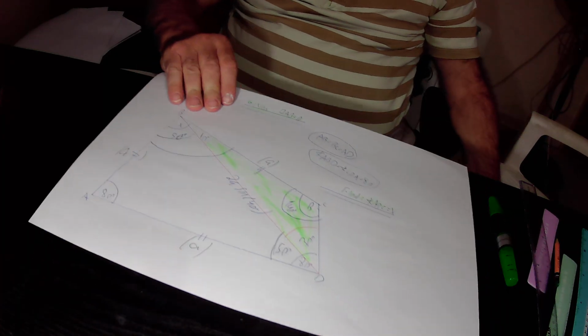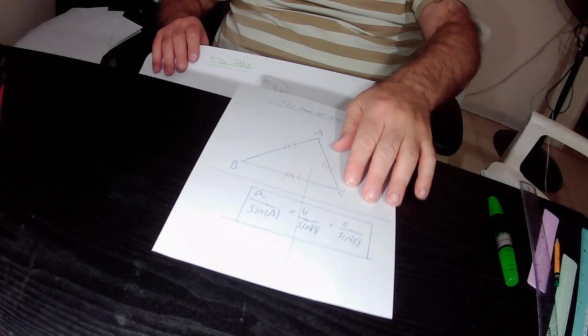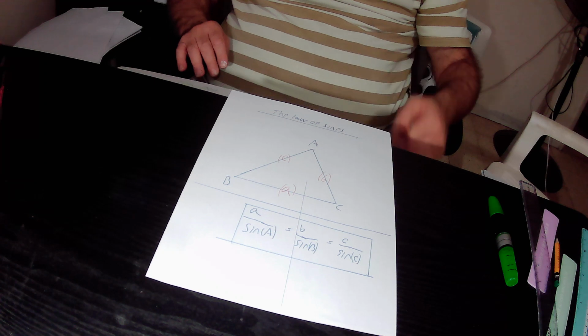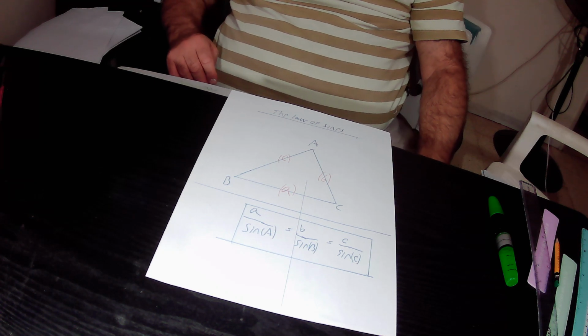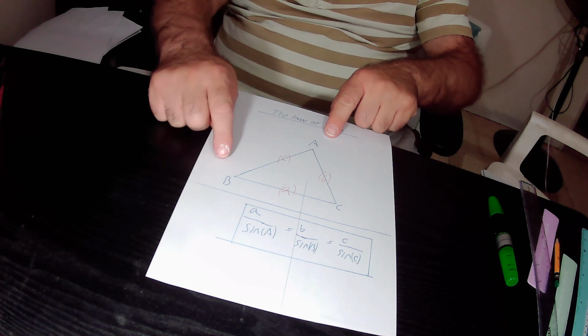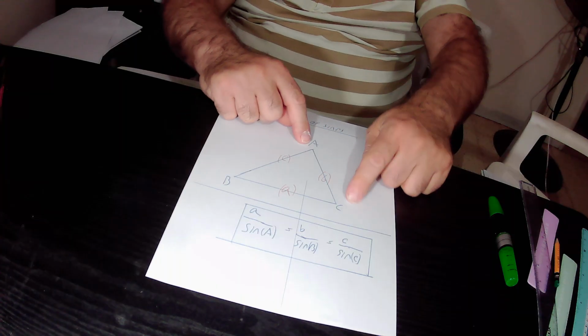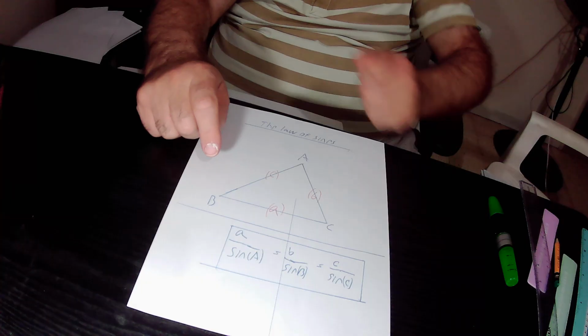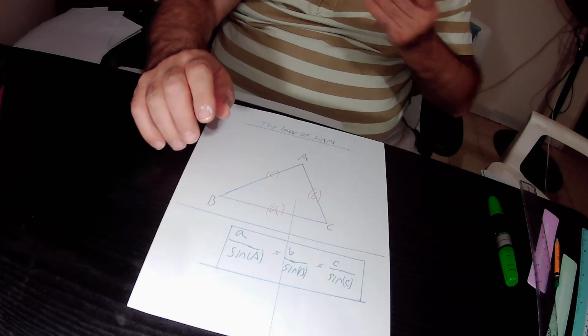So, a quick reminder on the law of sines. This is triangle ABC that could be any triangle. Side AB equals c units in its length, side AC equals b units in its length, side BC equals a units in its length.